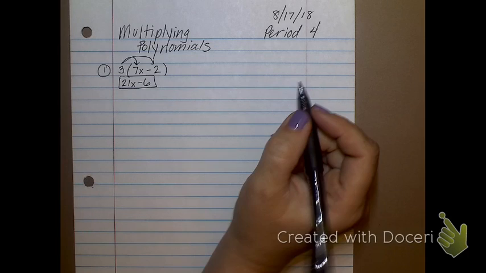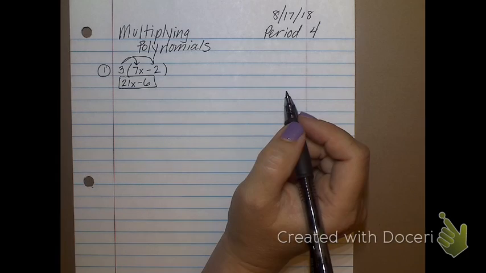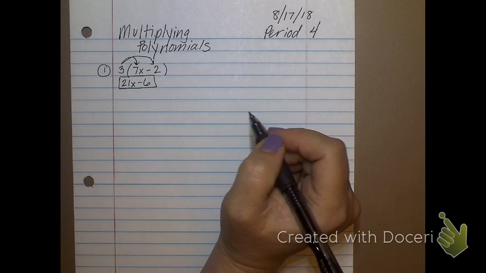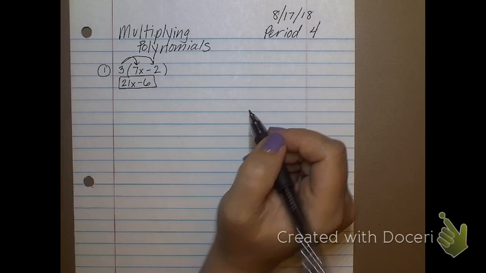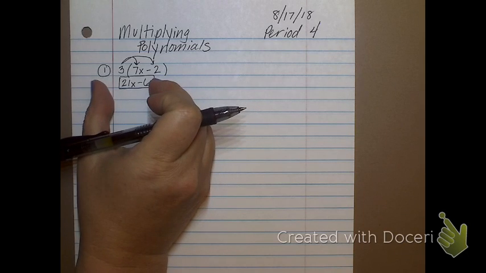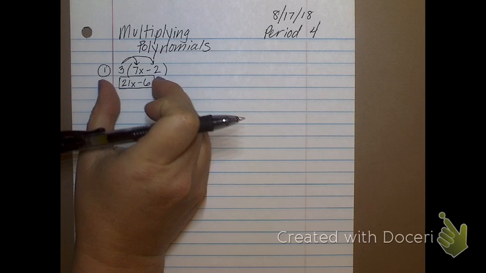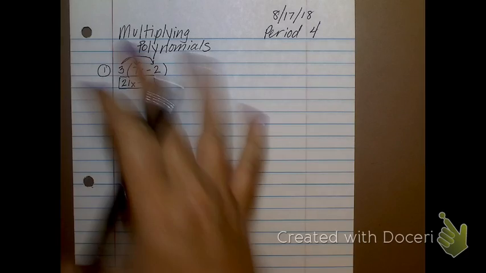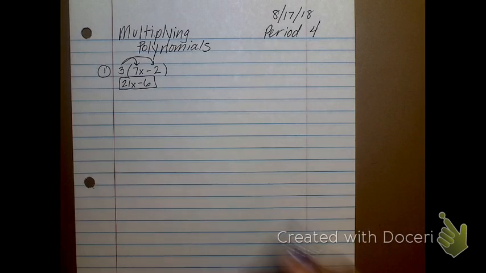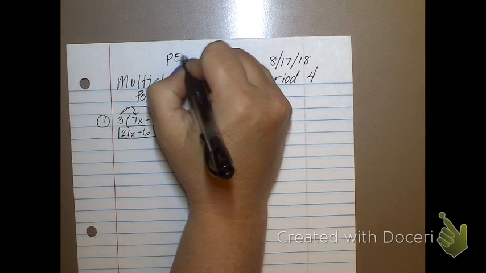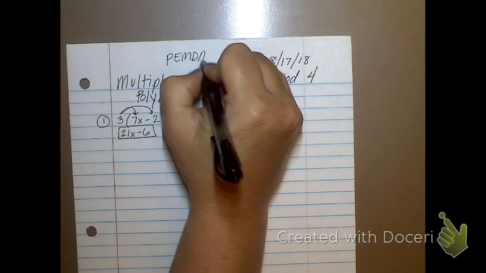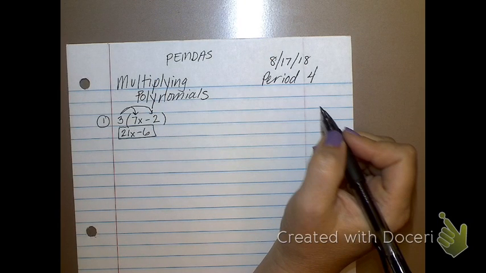Now, why is the distributive property important? Because usually a distributive property problem will not just be this on its own. It will be part of a larger problem. Now, there's this little thing in math that we like to talk about: the order of operations, right?